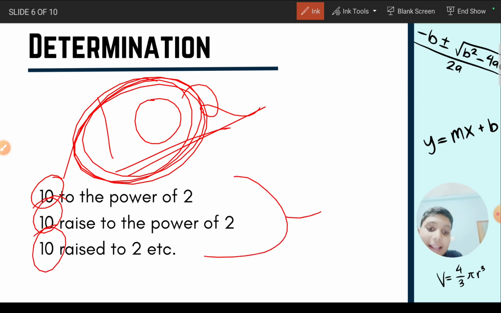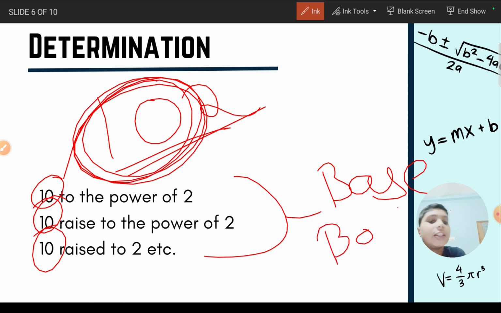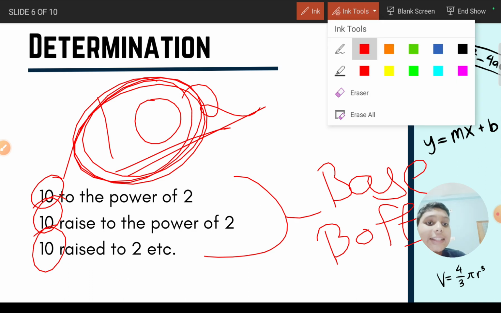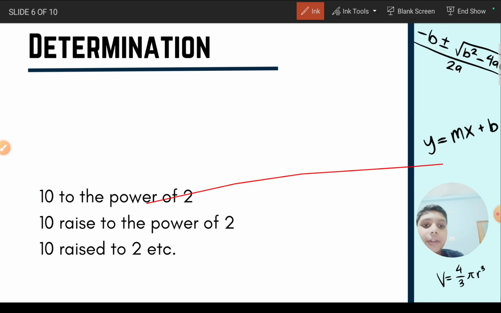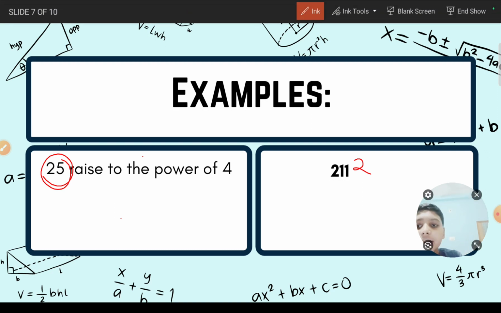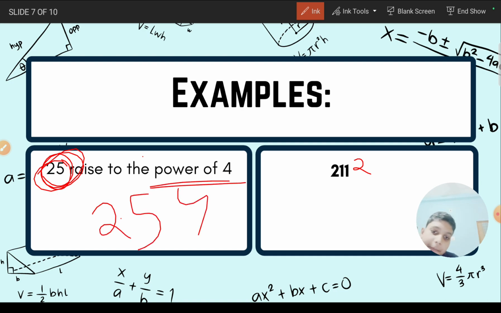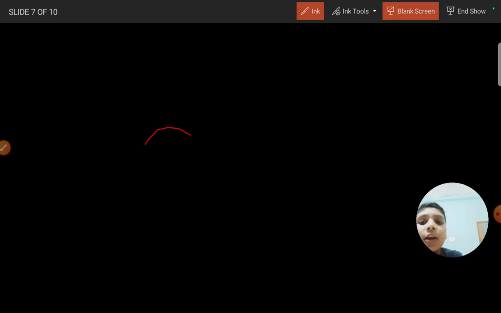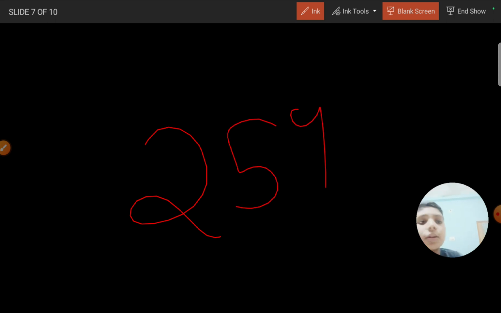In most cases, the base is at the beginning of the expression. So using this, we can simply write the first number, 25, power of 4, done. How simple! 25 to the power of 4, that's our answer.